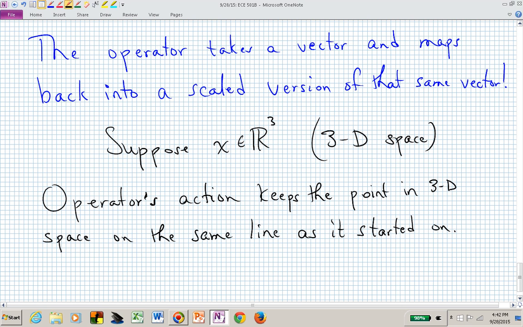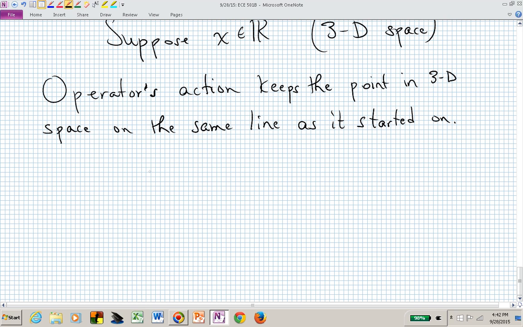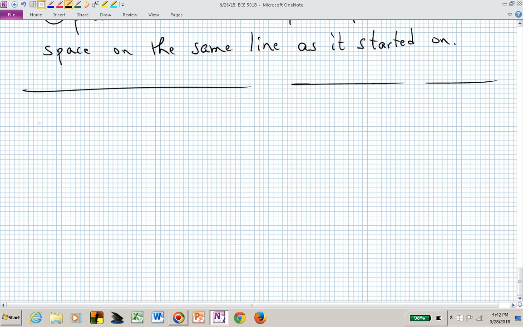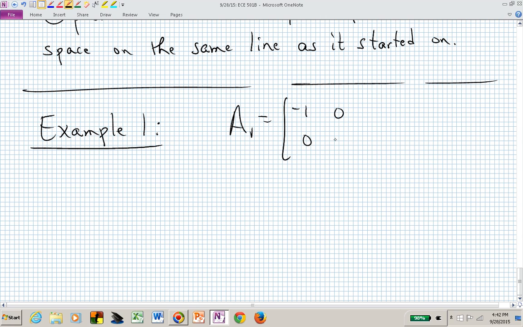Let's look at this concept of eigenvalues and eigenvectors via some examples. Example 1. Suppose that I give you a matrix A1 that's -1, 0, 0, -2. You should be so lucky if I give you that and tell you to pull out a piece of paper and start talking about eigenvalues and eigenvectors.